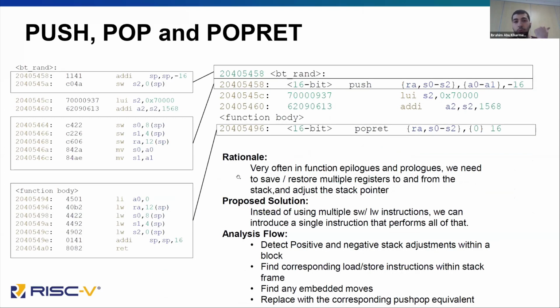So what we spoke about earlier in the beginning is that we want a way to find optimizations, and then we want a way to evaluate optimizations and make sure that they actually apply to a wide range of applications and compilers. And we want to make sure that we don't waste encoding space.